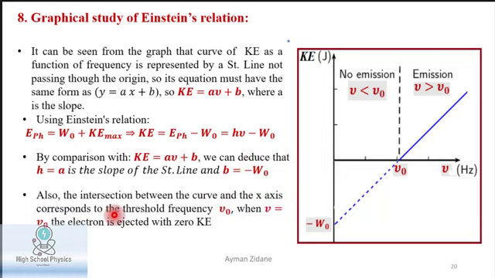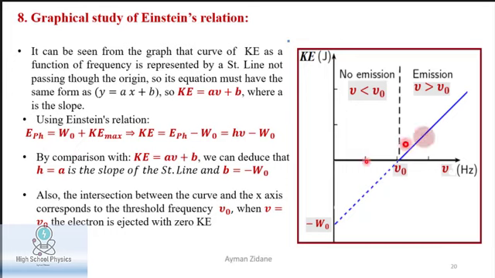Also, the intersection between the curve and the x-axis corresponds to the threshold frequency nu 0. When the curve intersects with the x-axis, the kinetic energy is equal to 0, so the energy of the photon equals W0, so nu equals nu 0.